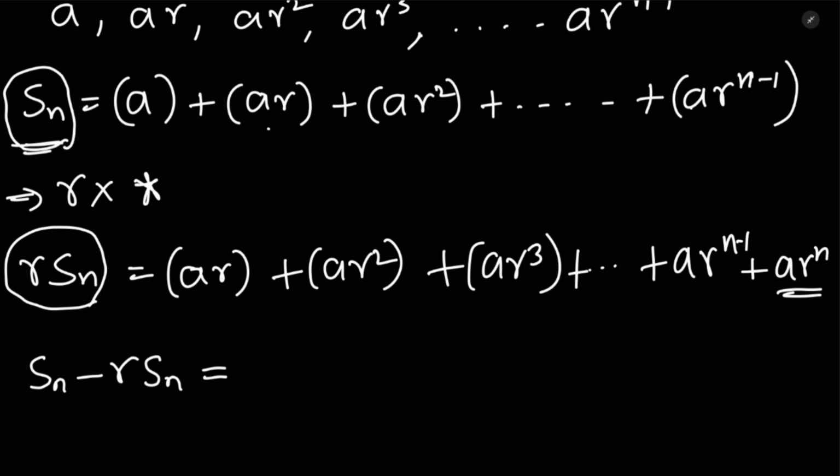This will give us, and now I have to subtract this, so it's basically this whole thing minus this whole thing.